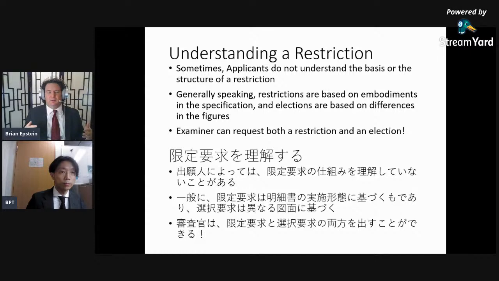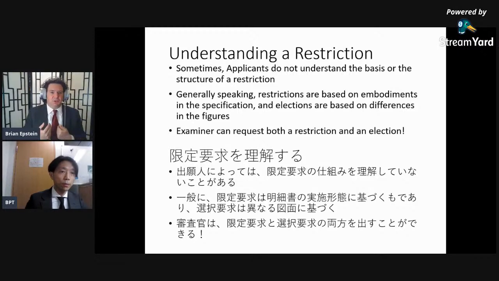They're different in the sense of what forms the basis for the restriction or election. They are similar in that they're both trying to reduce the total amount of subject matter being presented for prosecution.